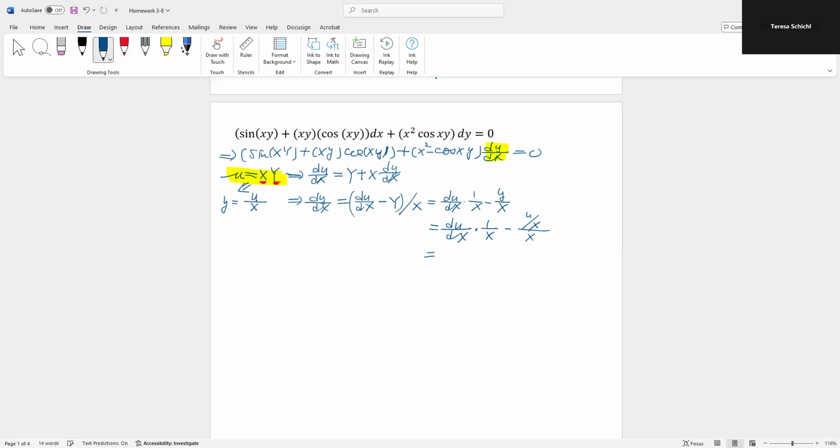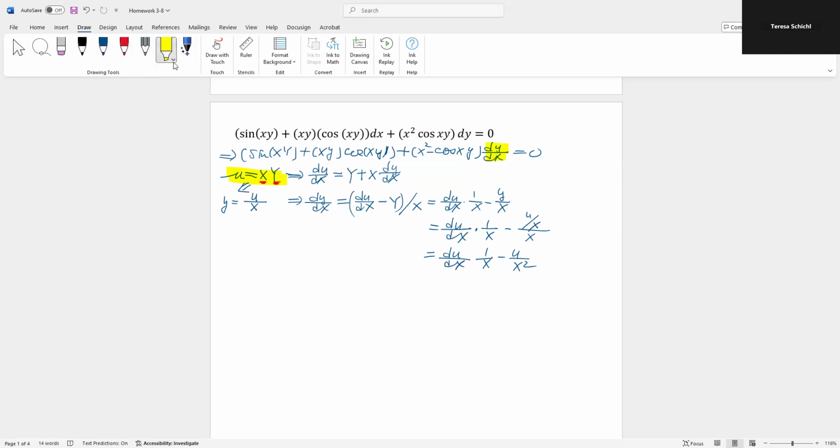Then simplify more, so this is du dx times 1 over x minus u over x squared. Finally, I changed everything to the u and the x.